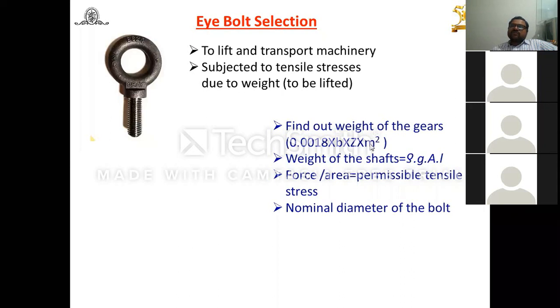That means suppose a two-stage gearbox, 4 gears are there. For 4 gears, you have to find out the weight of the 4 gears by using this formula. Every time, this Z, B, M is going to change. Only for a meshing pair M remains the same, but Z is going to change. Accordingly, you can find out the weight of the gears.